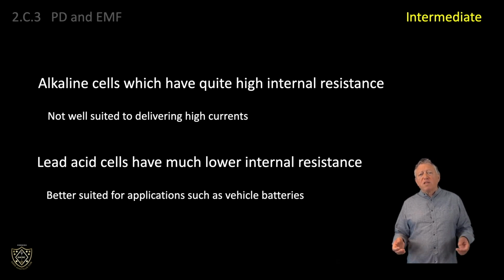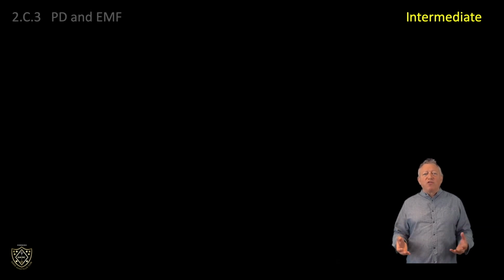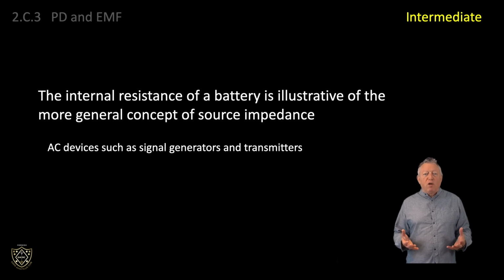The internal resistance of a battery is illustrative of the more general concept of source impedance that extends to such devices, AC devices, as signal generators and transmitters, which is explored in greater detail at full license level in syllabus item 9A4.